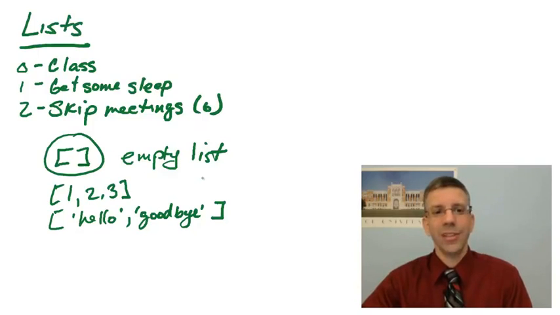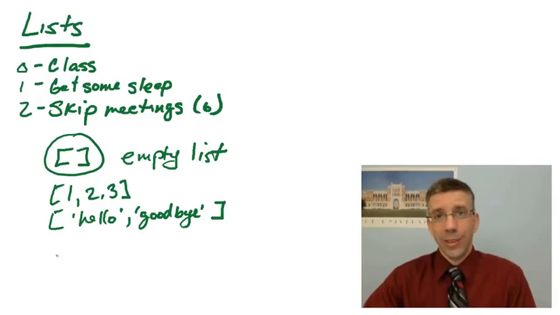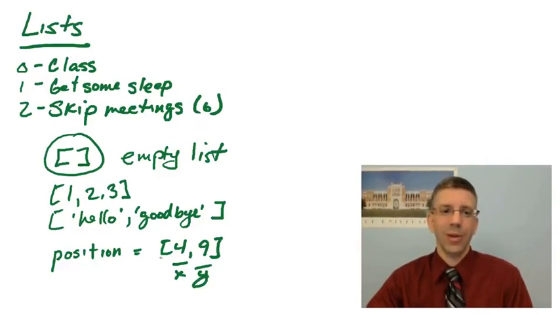So I've got my empty list, I've got my list with 3 numbers, I've got a list with 2 strings in it. Usually I will be assigning these to variables, so I might have something like position equals the list 4, 9. And implicitly, this is my x coordinate and this is my y coordinate, so I know that my position is at x equals 4 and y equals 9.